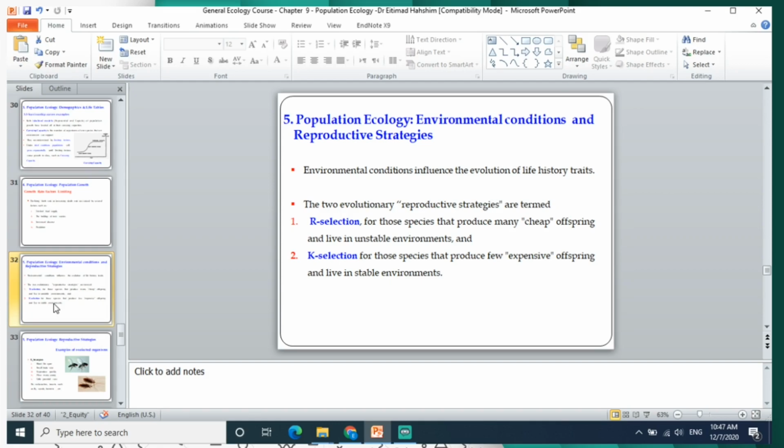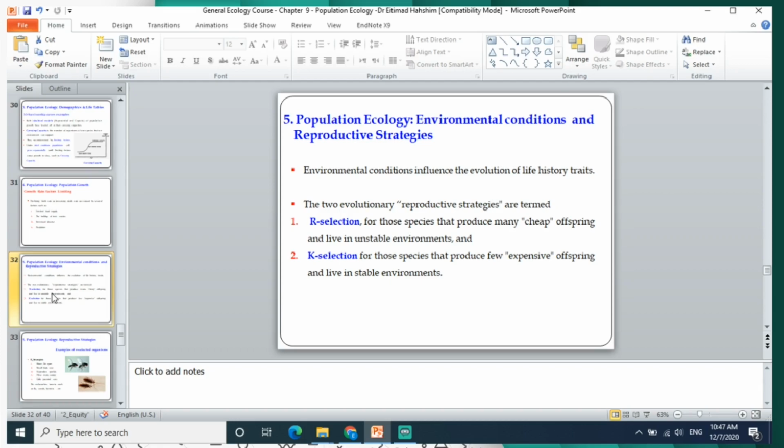R selection is associated with species that produce many offspring and live in unstable environments. It is just like in developing countries producing too many children, but without health care, without any care. By chance, if each one lives, it's okay. But K selection is for species that produce few offspring, which will be expensive, receiving too much care, and living in a stable environment, even for animals.